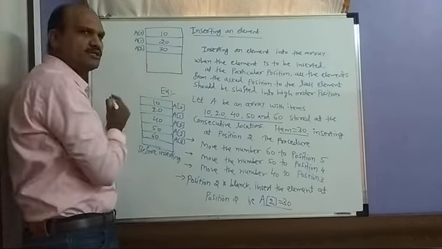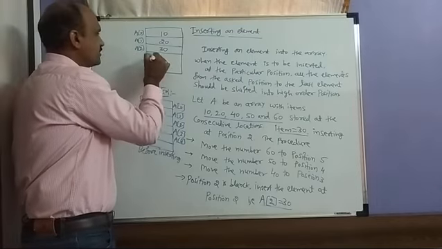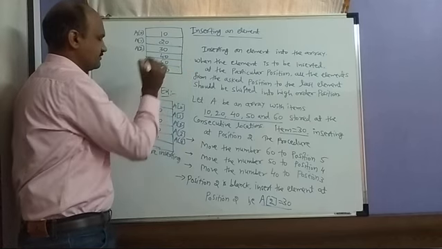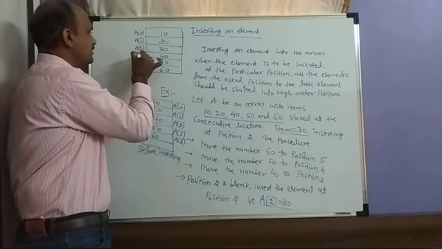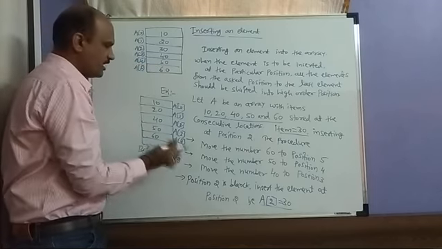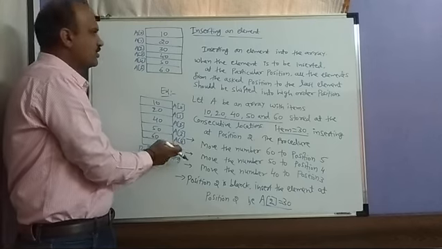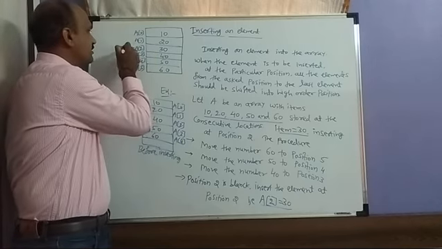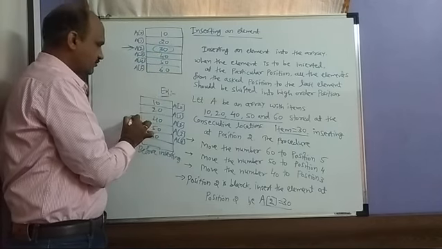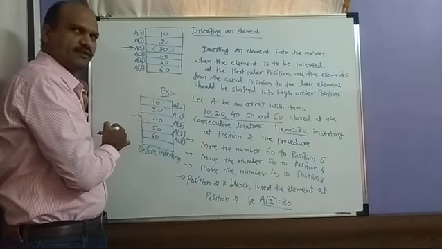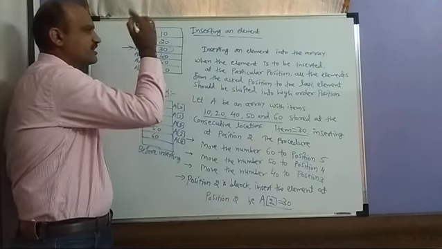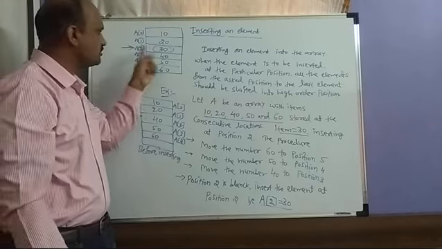The remainder is 40, 50, then 60, which become A of 3, A of 4, then A of 5. Earlier it was A of 4, that is 0 to n minus 1. When you insert the new element at position 2, the 40 goes down, this becomes empty, and then we insert the element 30 at position 2.